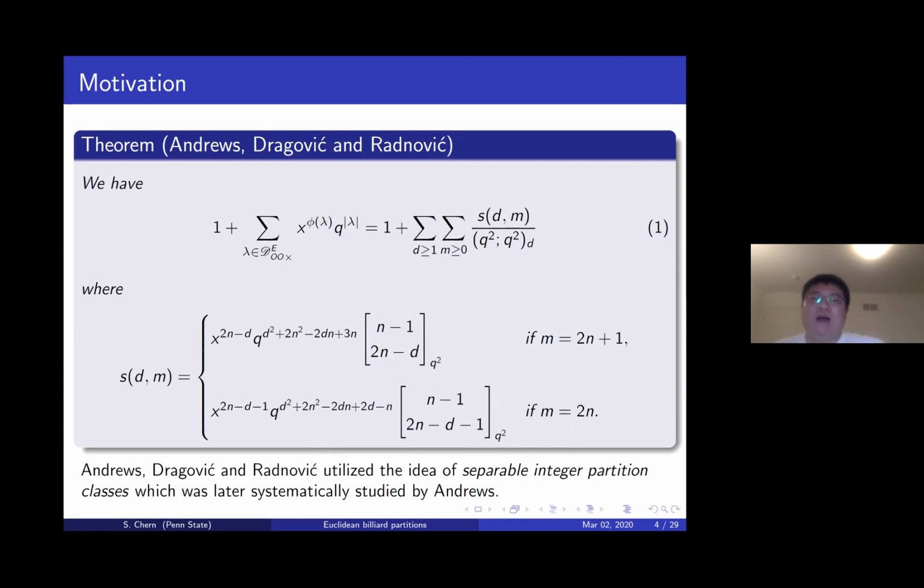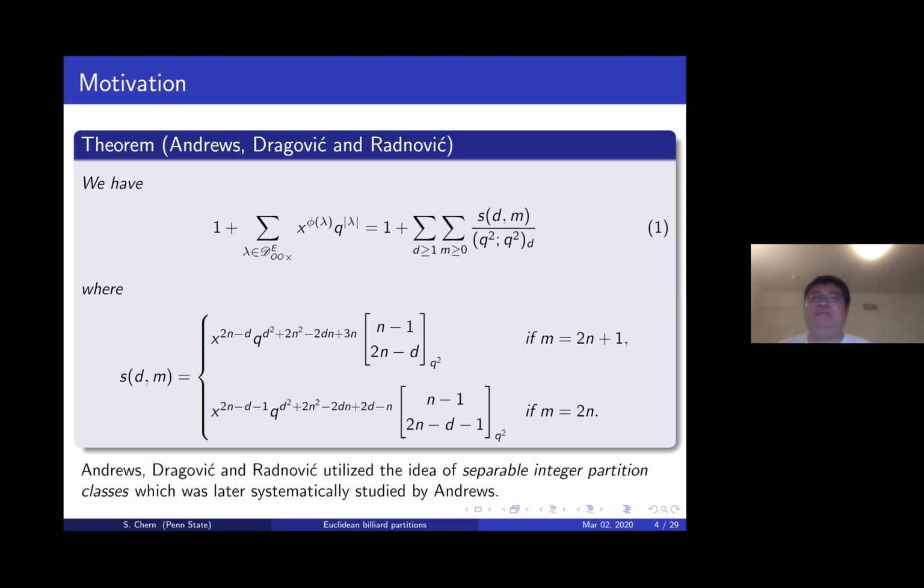And the proof of their work relies on the idea of separable integer partition classes, and this concept was systematically studied by George Andrews. Here they define this weight from the perspective of the dynamics of billiards in Euclidean space.